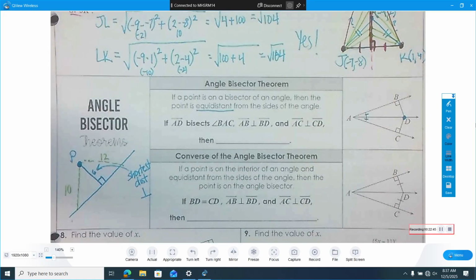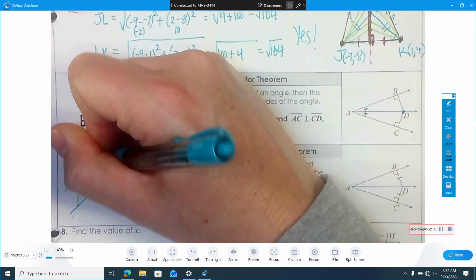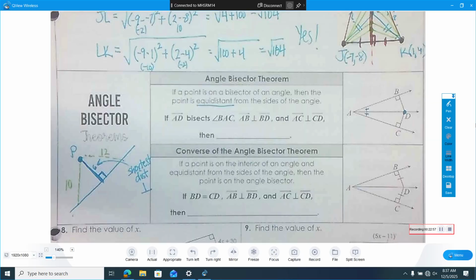So when we are measuring a distance from a point to a line segment, from a point to a wall, we want to be perpendicular to that wall. That will always give me the shortest distance, okay?